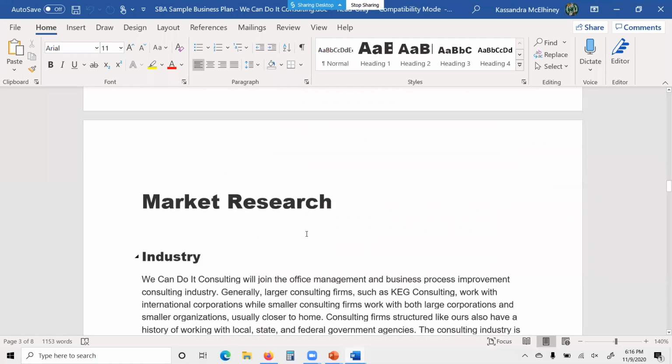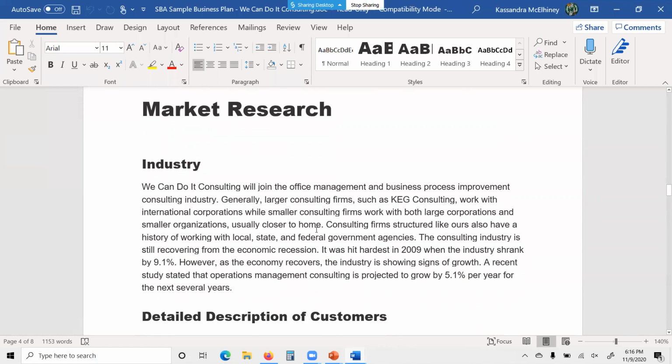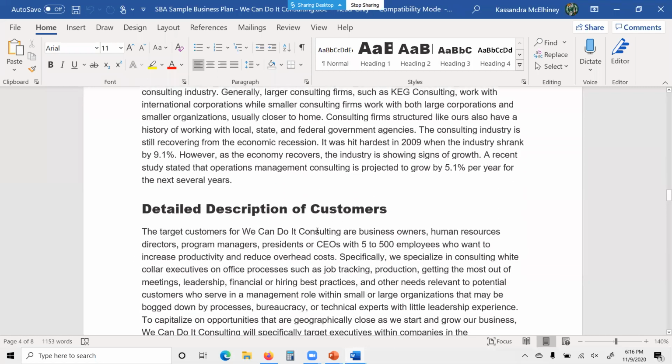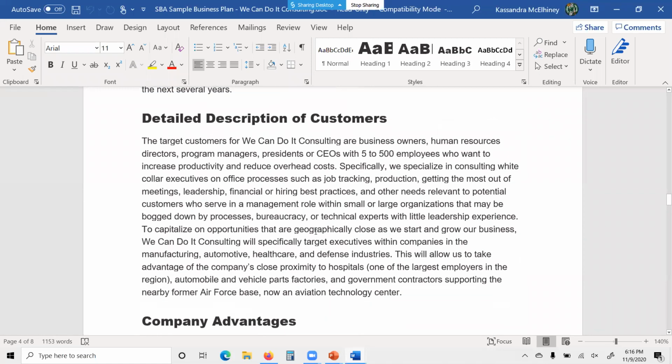So this business has a legal structure. They did some market research. They talked a little bit about their industry, and about who their customer is, which was touched upon a little bit back in the description.